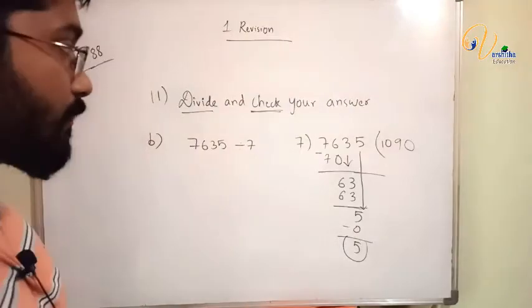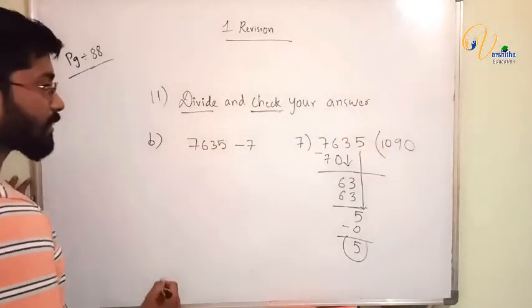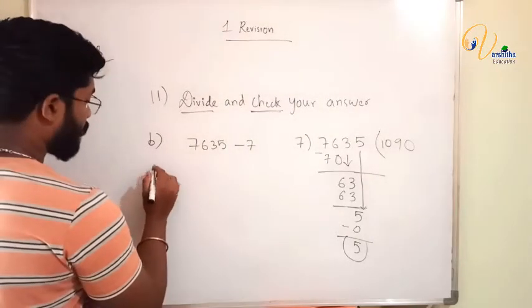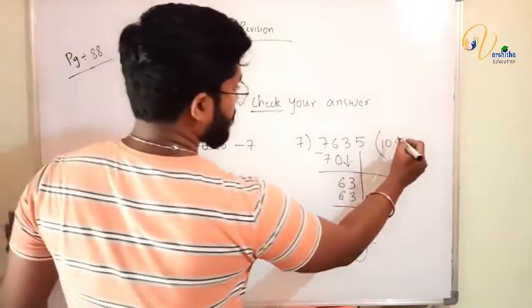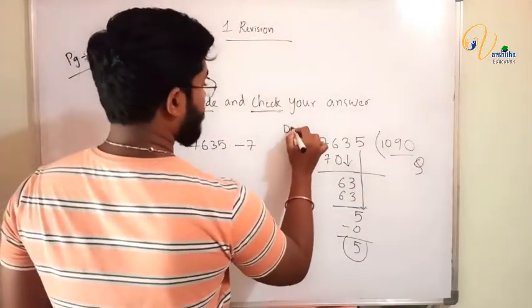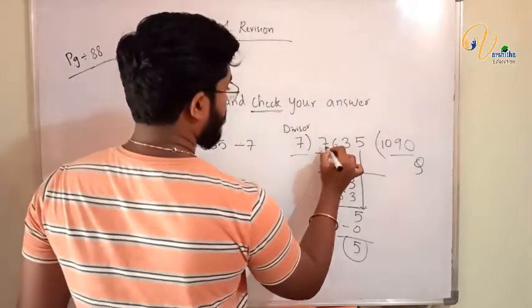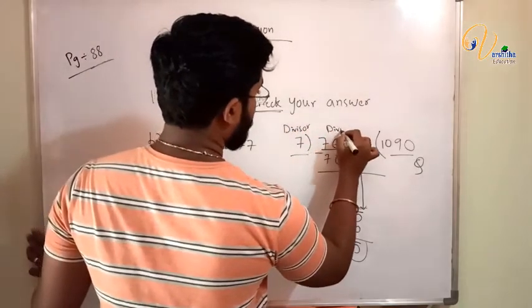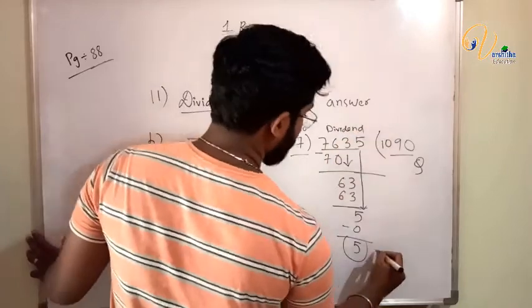So let us check whether whatever we did is correct or wrong. This is the quotient, this is the divisor, this is the dividend, and this is the remainder, no?